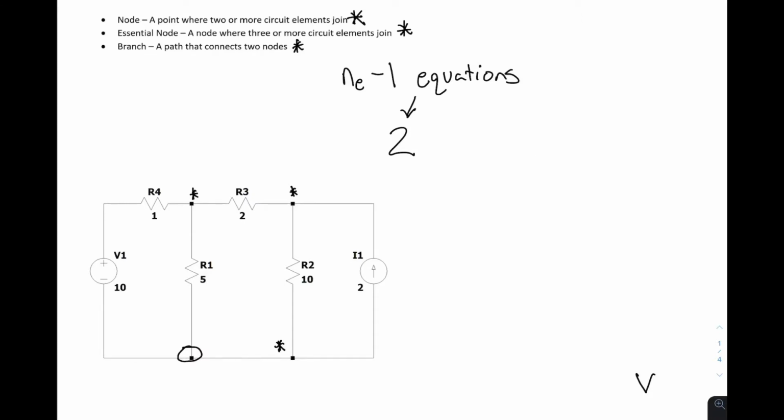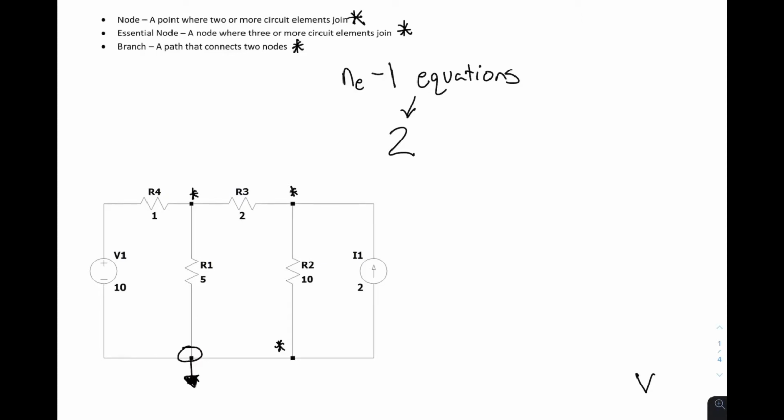Though the choice is arbitrary, it usually makes the most sense to choose the node with the most branches. As we can see here, the node on the bottom has the most branches, and we determined that these two points are indeed the same node, so we're just going to select this as our reference node.